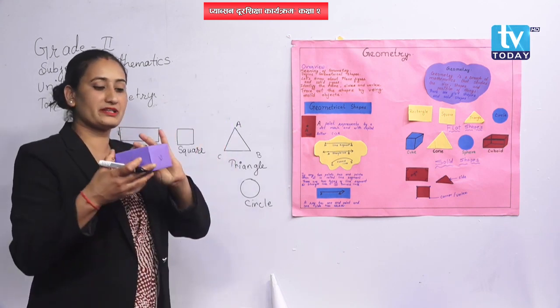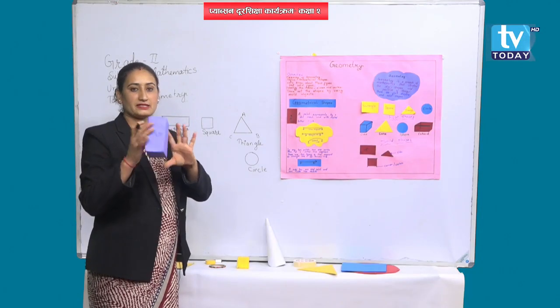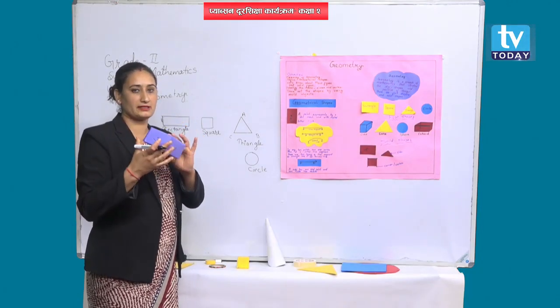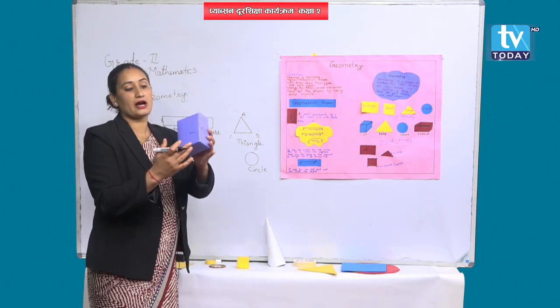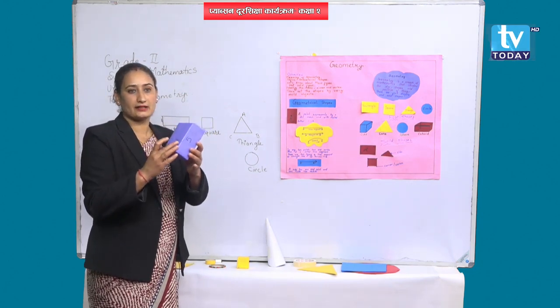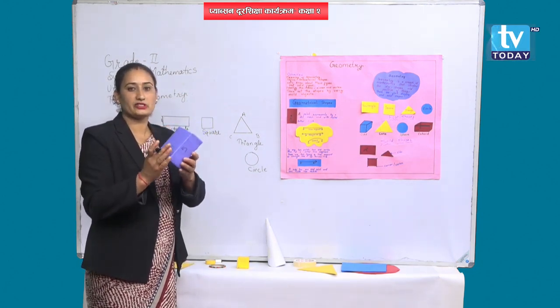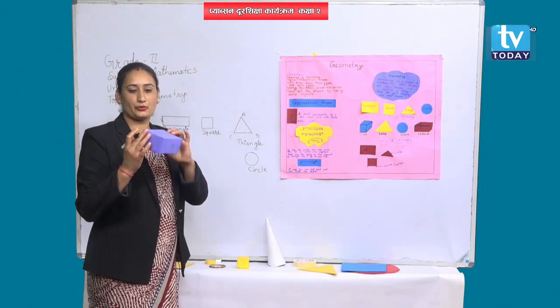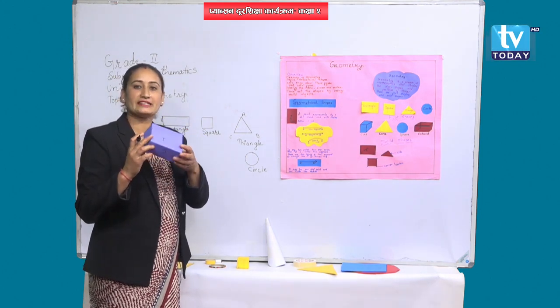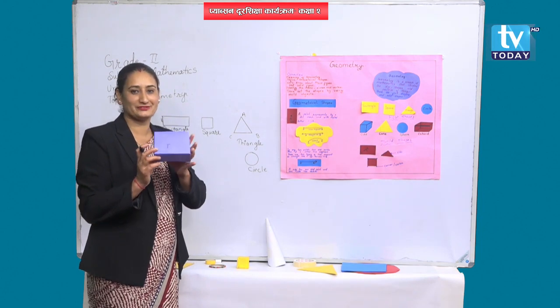Is any number repeated over here? Is any place left? No place is left, right? If there are 6 rectangles attached with each other, like this way, then we call it a cuboid.